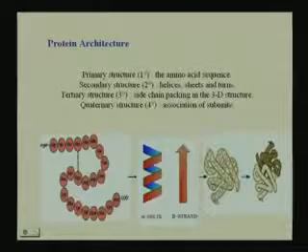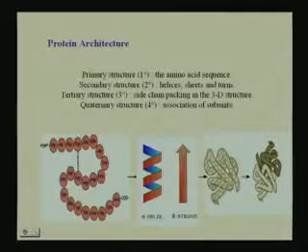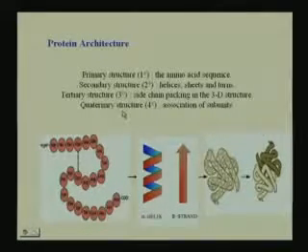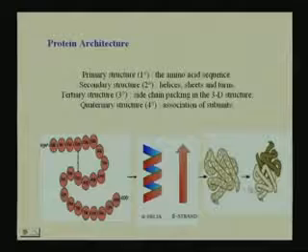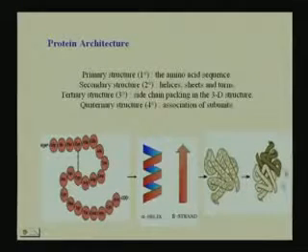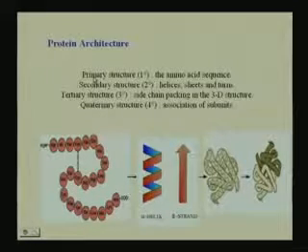For example, hemoglobin. Hemoglobin has a tertiary structure. It has a quaternary structure. It has 4 subunits. What does that mean? It means it has 4 such monomeric units that form the protein. So, all proteins will have a primary structure, a secondary structure and a tertiary structure, but not all proteins will have a quaternary structure.